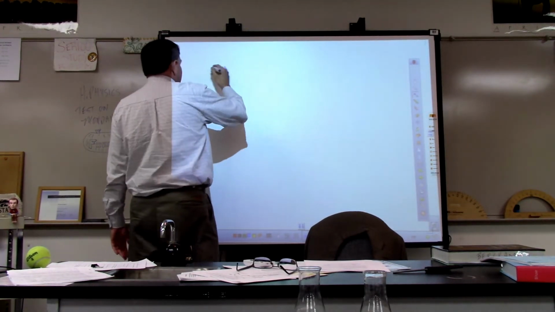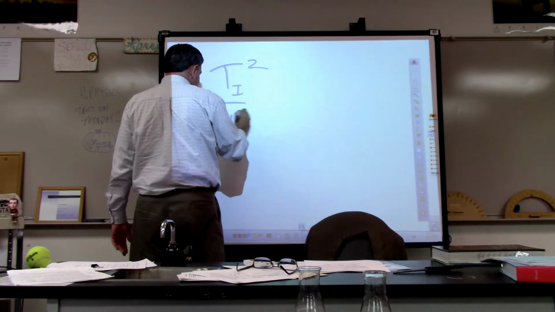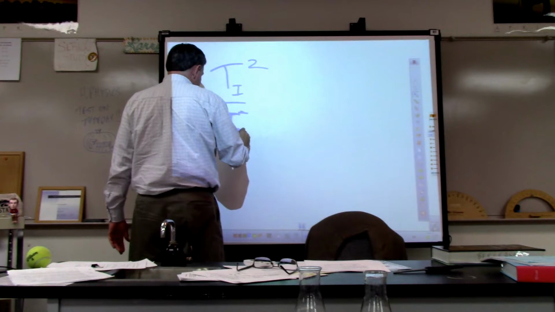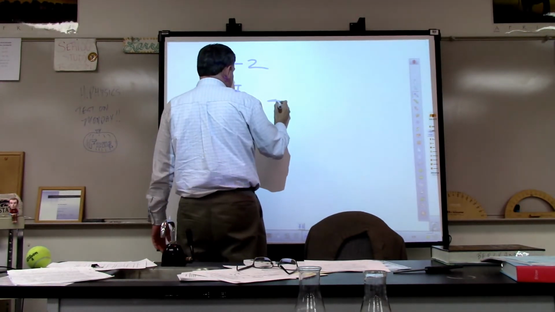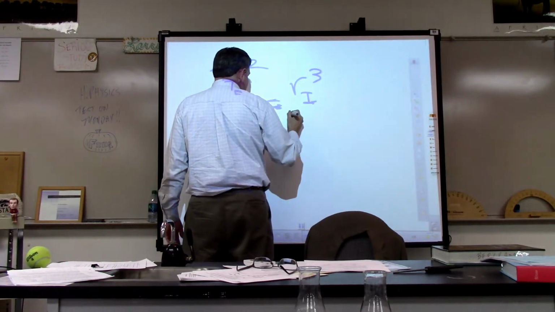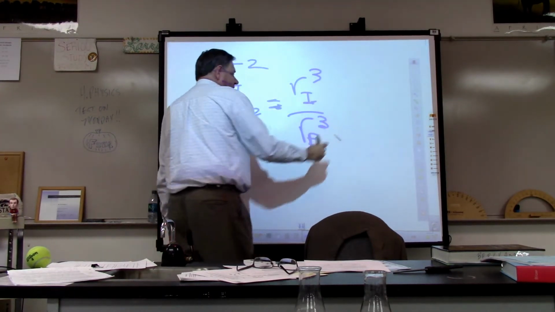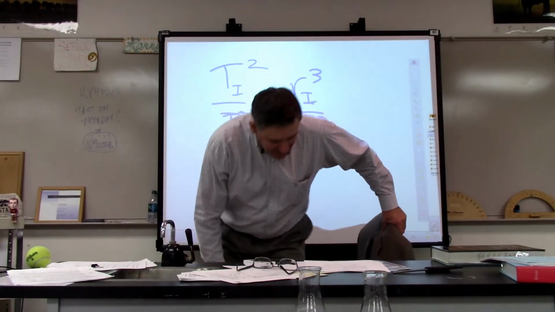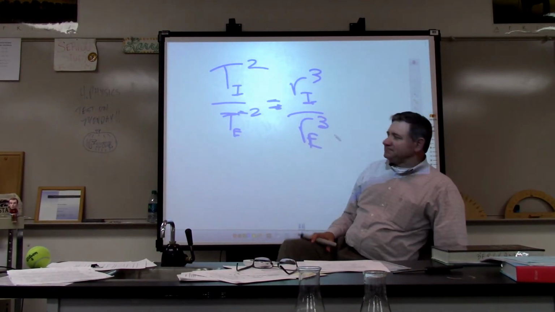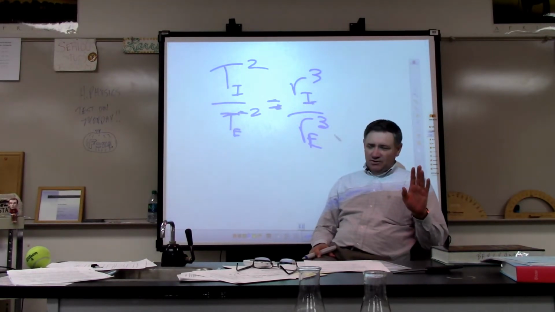Io and Europa. Okay, so we're going to have the period of Io squared over the period of Europa squared is going to equal the radius of Io cubed over the radius of Europa cubed. Now, from this, there's a couple of things that you could do.